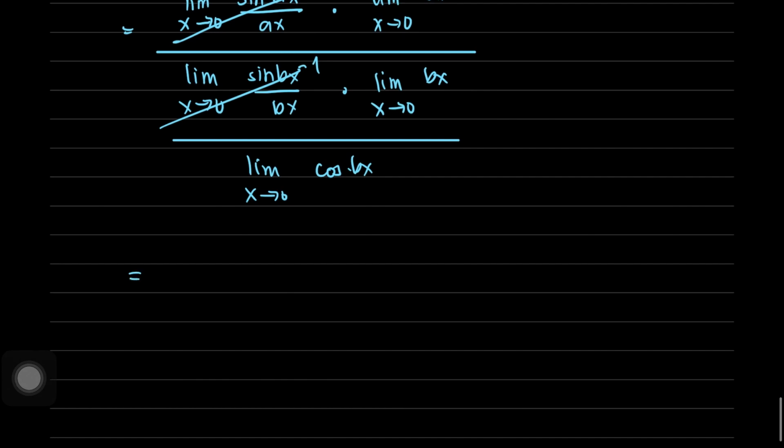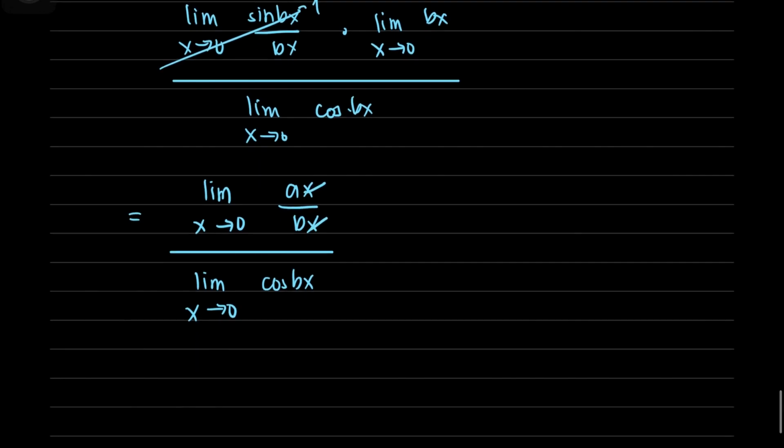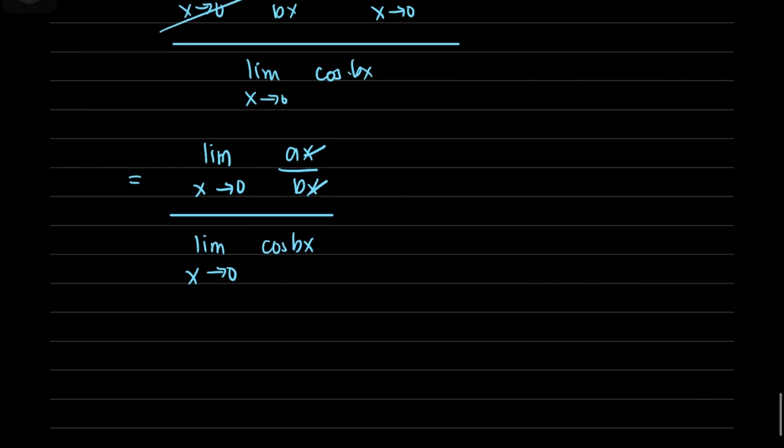Therefore, the resulting expression here would now be the limit of ax over bx, right? Because we can also write it as limit of a quotient as x approaches 0 all over the limit of cosine bx as x approaches 0. Now, x will cancel out because x is a common factor of both numerator and the denominator.